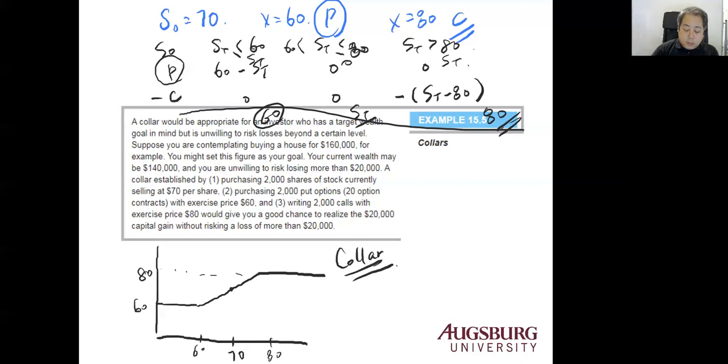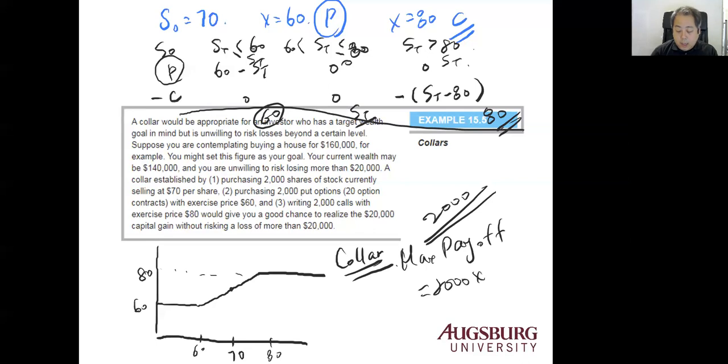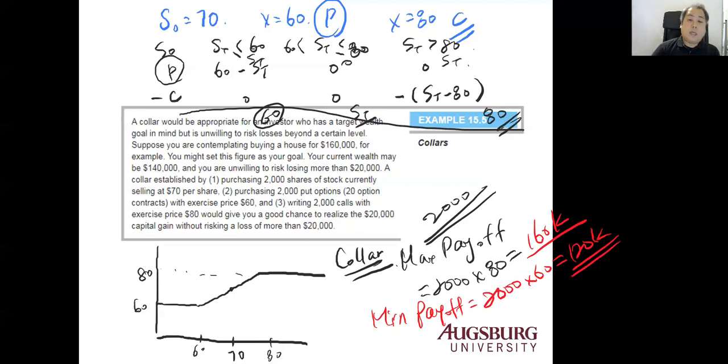Because you have how many shares? You have 2,000 shares, right? So the maximum payoff will be 2,000 times $80, which is $160,000. And then the minimum payoff will be 2,000 times $60, which is $120K, which is only $20,000 in losses.